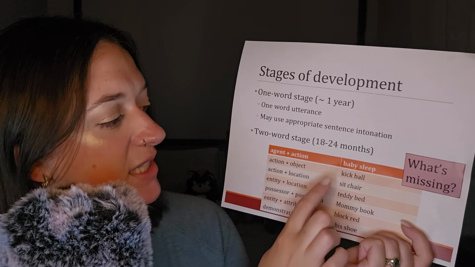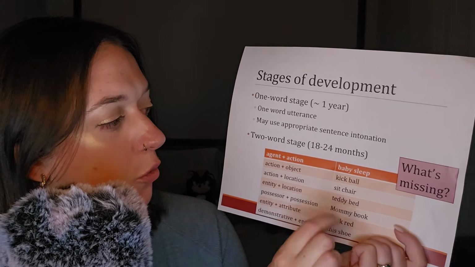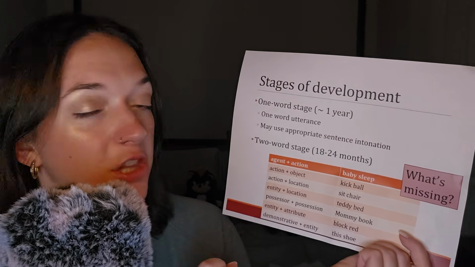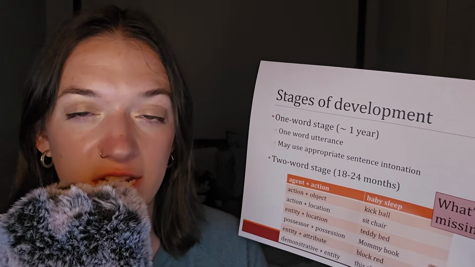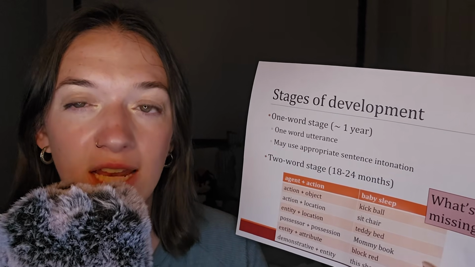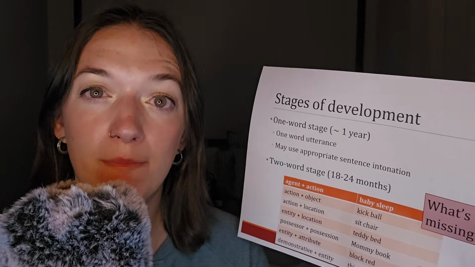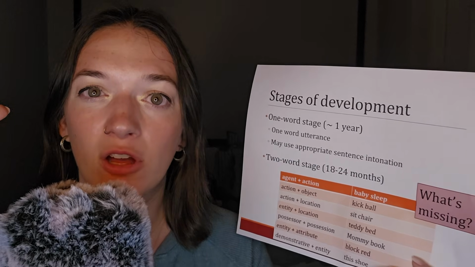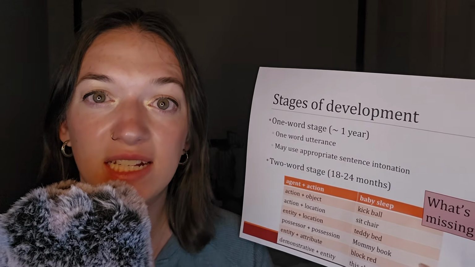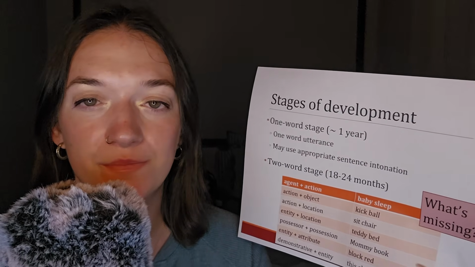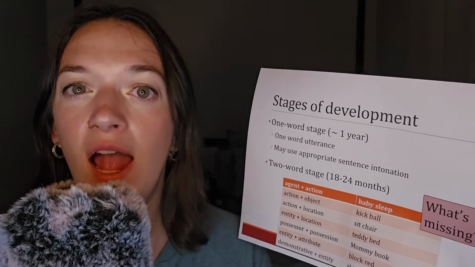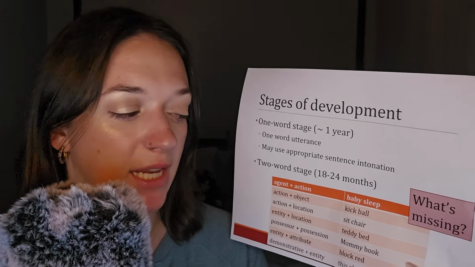So they don't say sit on the chair or kick the ball. They're just saying purely contentful words, words that have a concrete meaning and are representative of things in the real world, and not those words that have more abstract meanings.